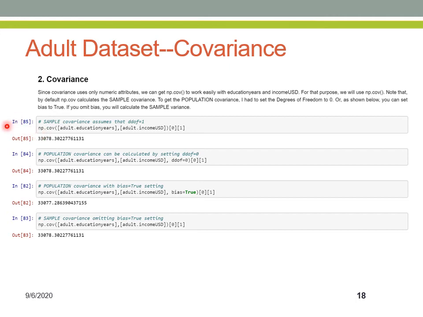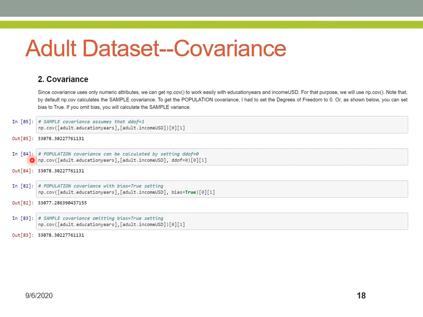So the first calculation assumes that the data we're looking at is not the complete data, but it is a subset, a sample of all the data that exists. So this sets our degrees of freedom to 1, which means we're dividing not by n, but by n minus 1, if you remember the formula. So we're calculating our NumPy covariance on our attributes here, and this is our output.